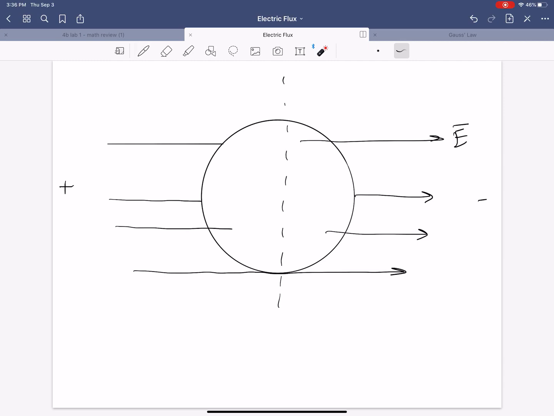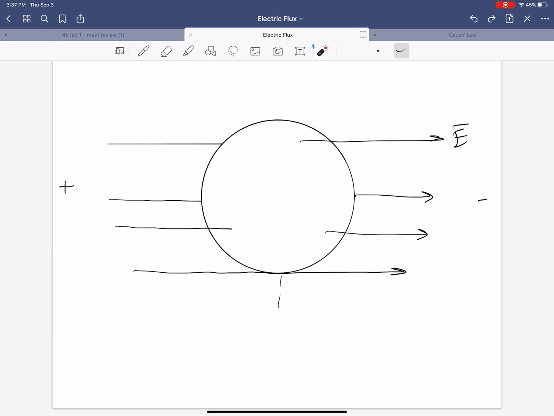So electric flux is the amount of electric field passing through one area and out the other. So overall, the net electric flux is the sum of what's going in and what's coming out. If it's a closed surface, it should be zero.